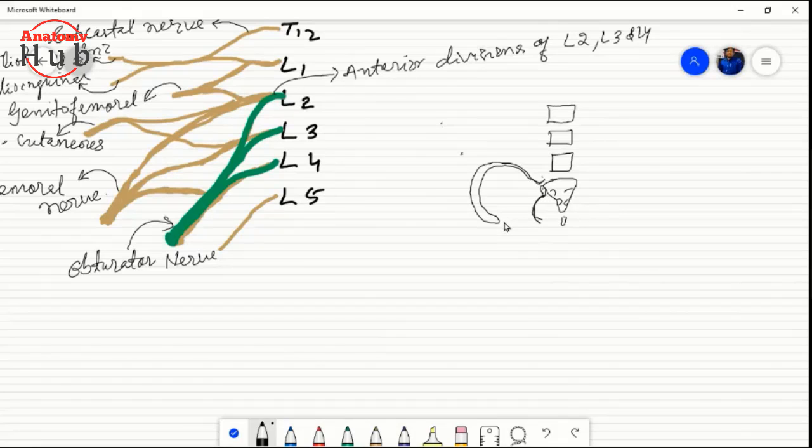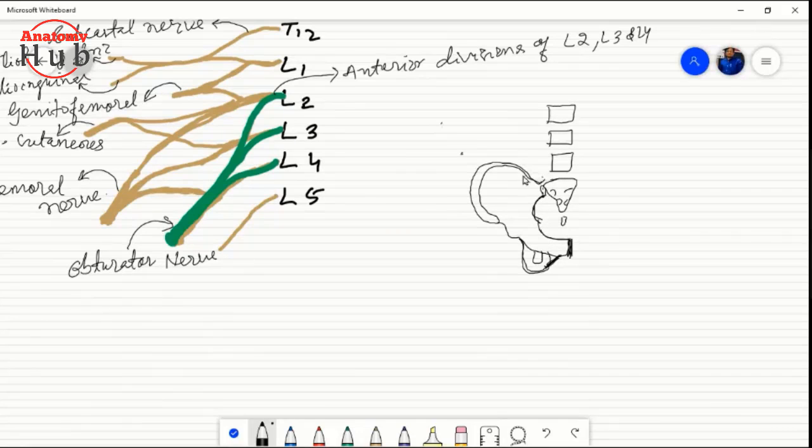Then the ASIS is coming down, then the AIIS, and here you will find the symphysis pubis, the ischial tuberosity, and the inferior pubic ramus. The arcuate line is coming just like this.